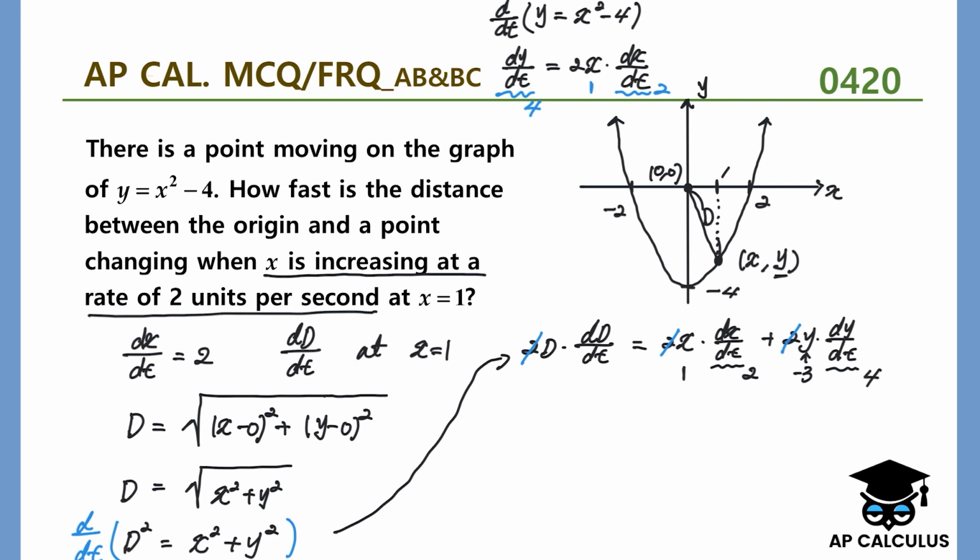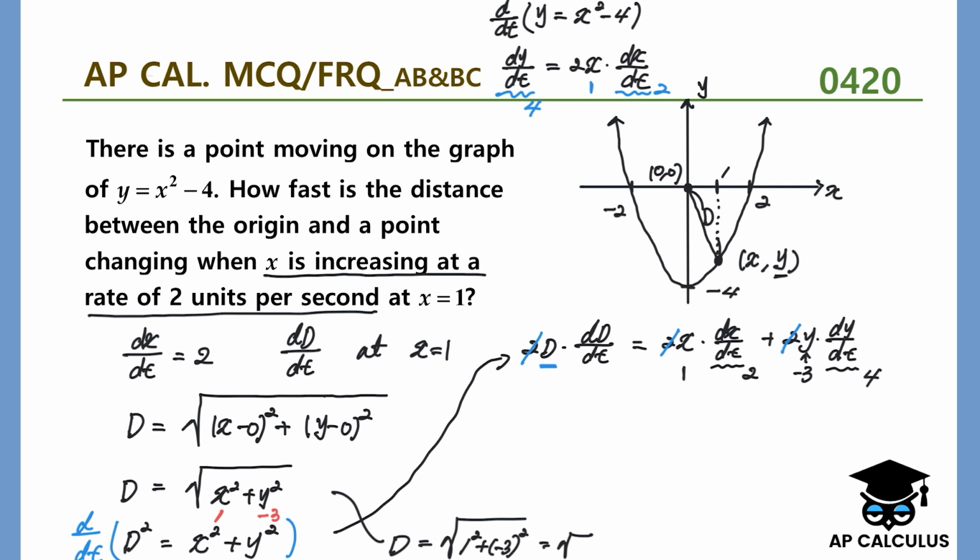All right? Okay, what is our d when x is equal to 1, y is equal to negative 3? Here, we're going to use this equation right here to find d. So when x is equal to 1, right, and y is equal to negative 3, then our d is equal to the square root of 1 squared plus negative 3 squared.